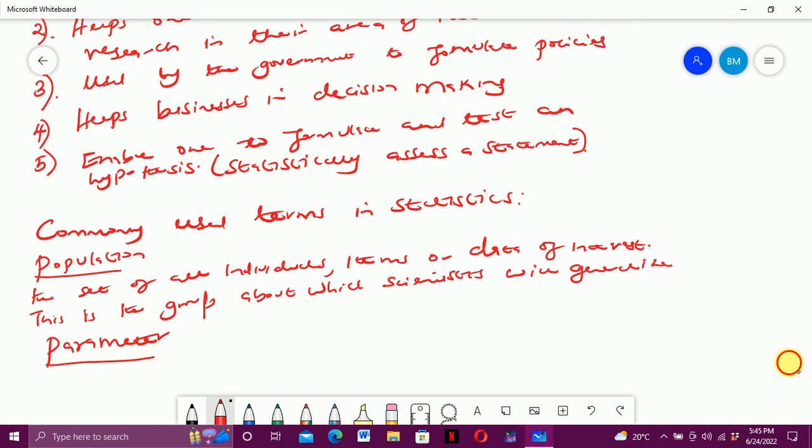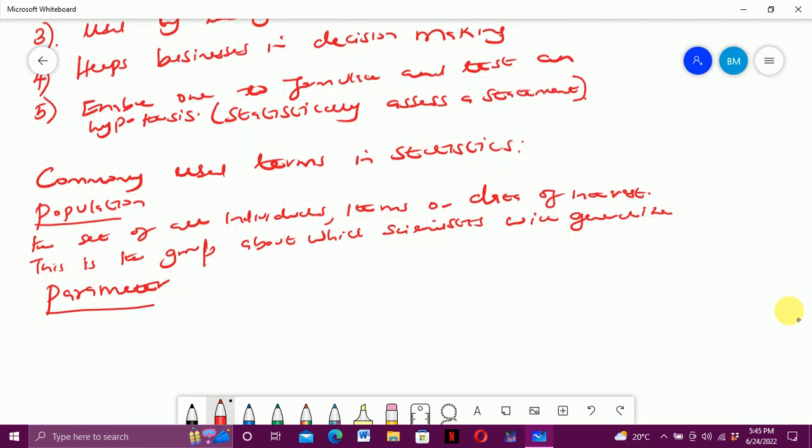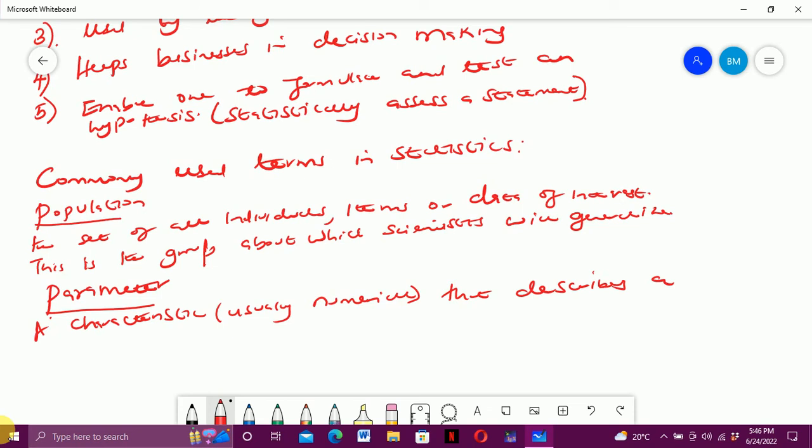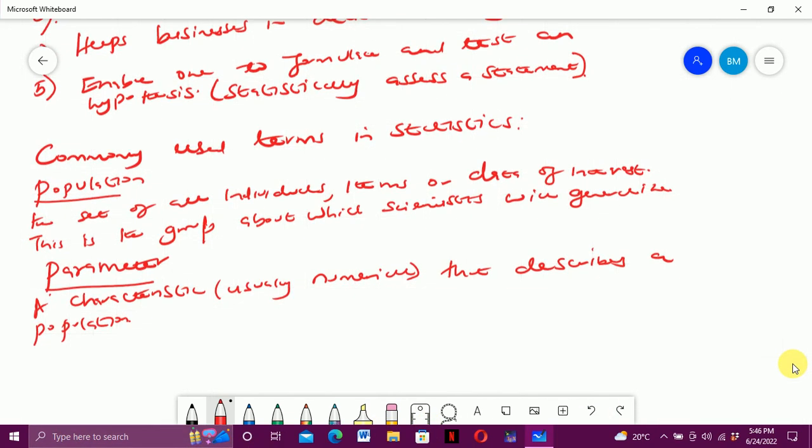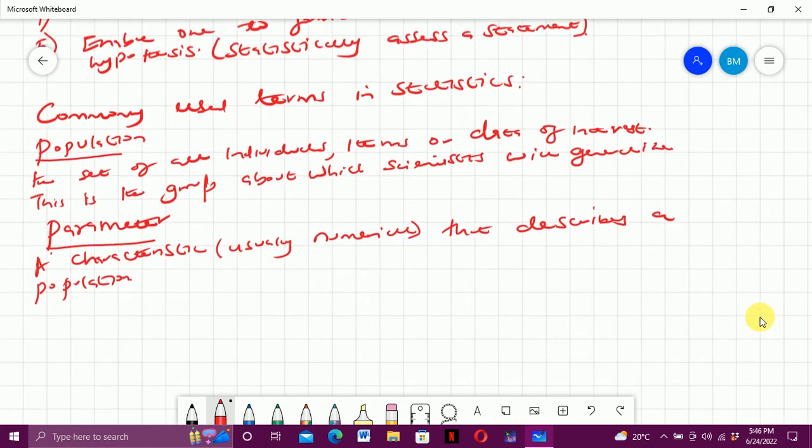A parameter is a characteristic, usually numerical, that describes a population.